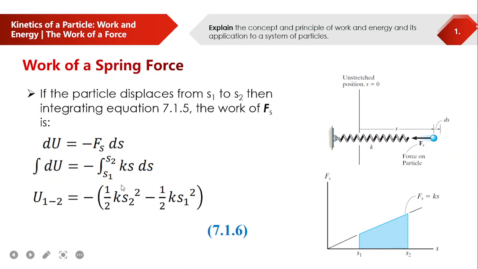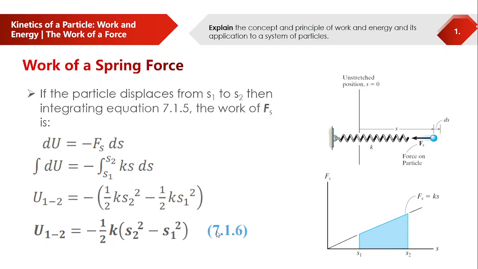So, that will be 1 half k s sub 2 squared minus 1 half k s sub 1 squared. Okay? Therefore, your result will be work from 1 to 2 is equal to negative 1 half k times s sub 2 squared minus s sub 1 squared. So that's how you solve for your work of the spring force. Negative din siya kasi nga opposing, just like the weight. Okay? So this is how you solve for your spring force.